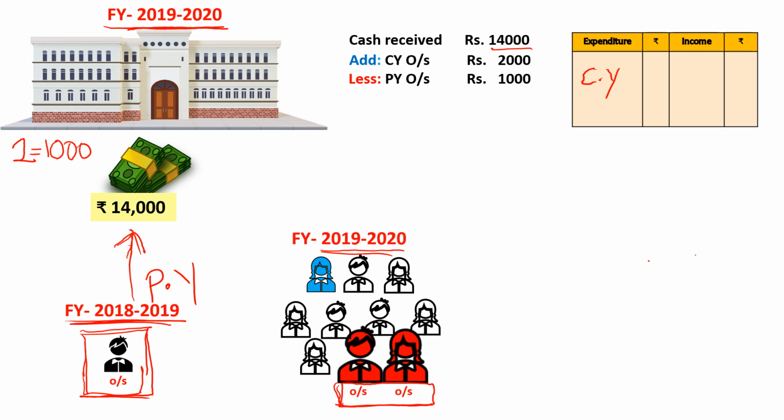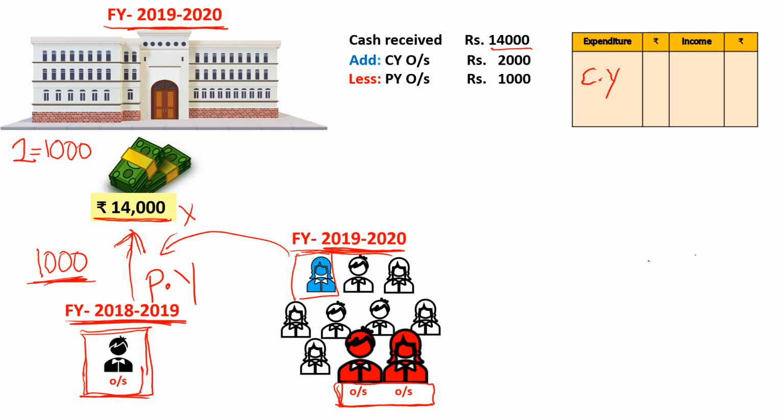Next one, in the financial year 2019-20, you can see this blue color student. She paid the fees in advance in previous year. That means in the year 2018-19, that time only she paid 1,000 rupees fees in advance. Did she pay in the year 2019-20? No. Is it recorded in this 14,000? No. It was there in the previous year cash received.